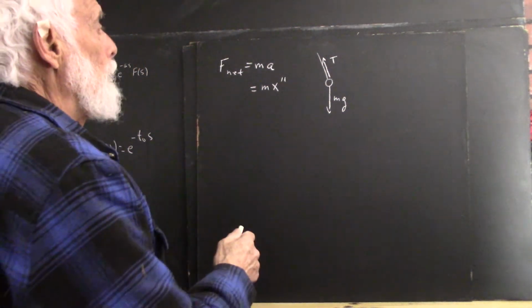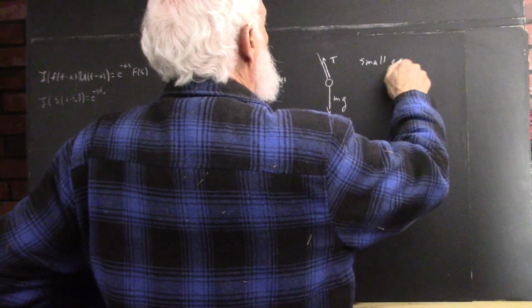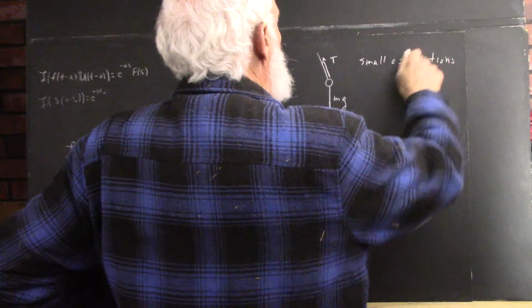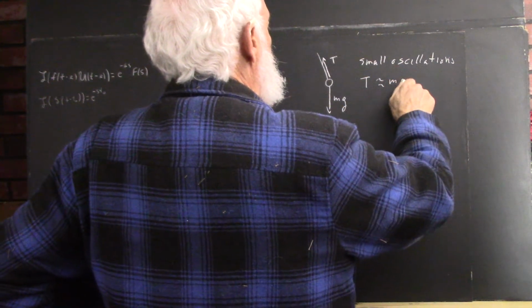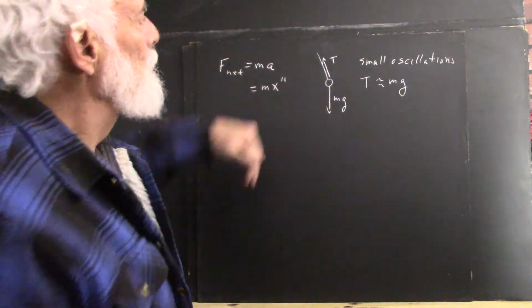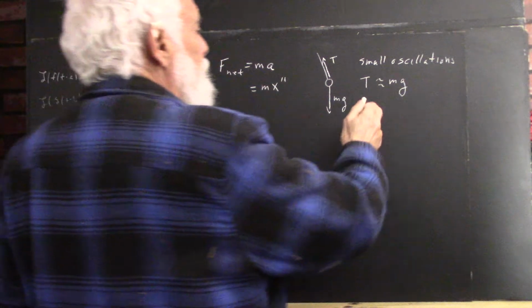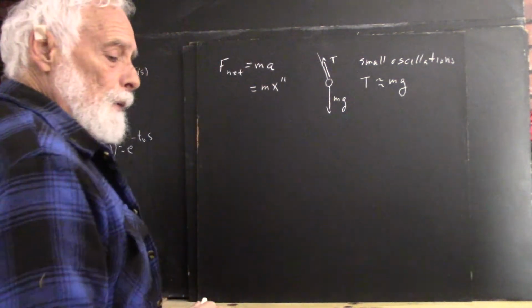Now, for small oscillations, or small displacements from the equilibrium position, which would have been a better way to state that, tension's pretty close to mg. And the closer you get to equilibrium, the closer it is.